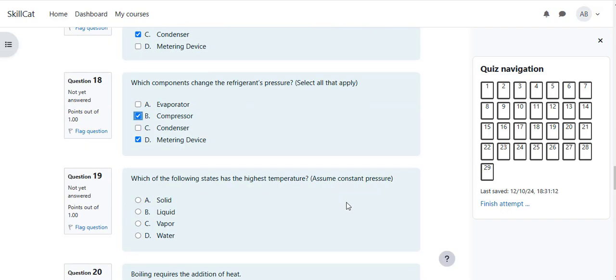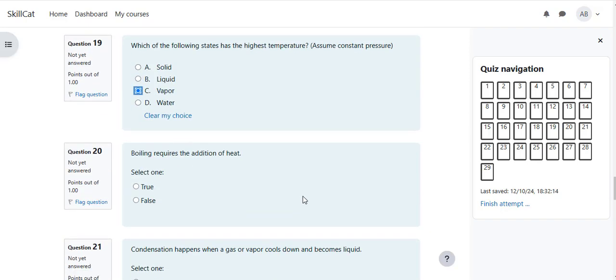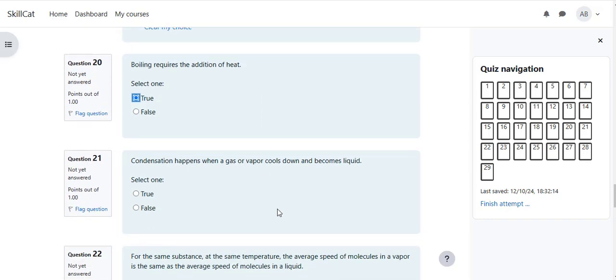Which of the following states has the highest temperature? The vapor. Boiling requires the addition of heat. Condensation happens when a gas or vapor cools down and becomes liquid.